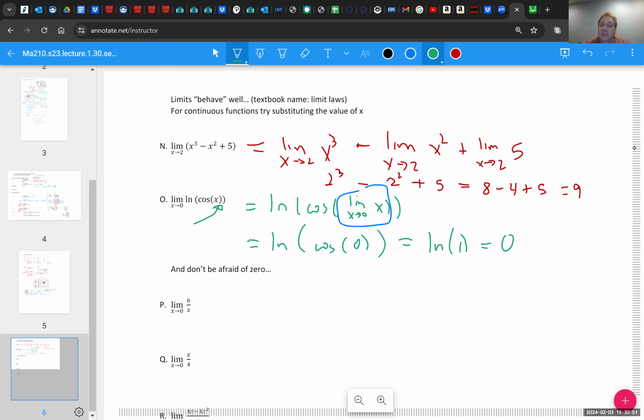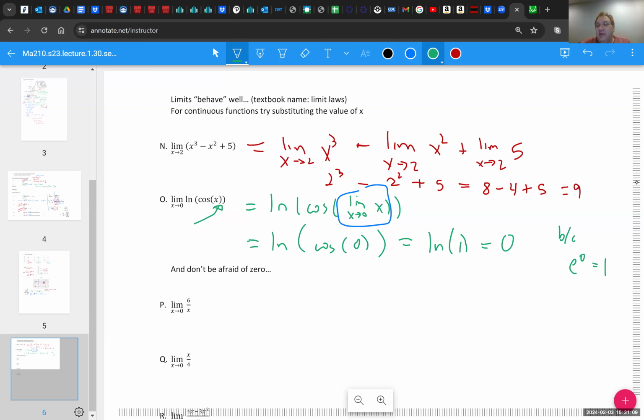The answer is 0, because e to the 0 is equal to 1. Any base number raised to the 0 exponent is equal to 1. So the natural log is equal to 0 there.